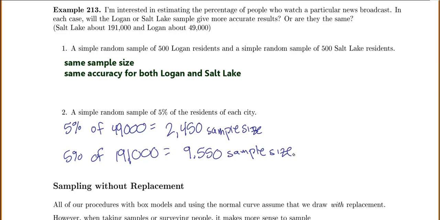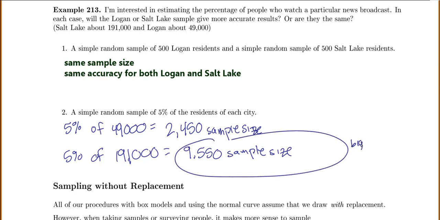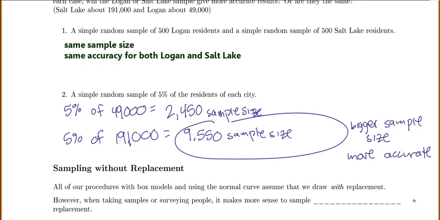Okay, and so if we did that, then this one is a bigger sample size, because 9,000 is bigger than 2,000, and so it would be more accurate. So that's just a short note about the size of your samples and accuracy.